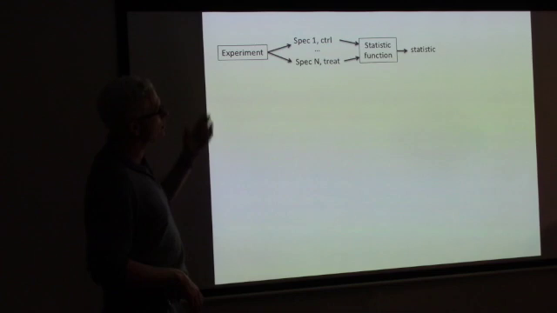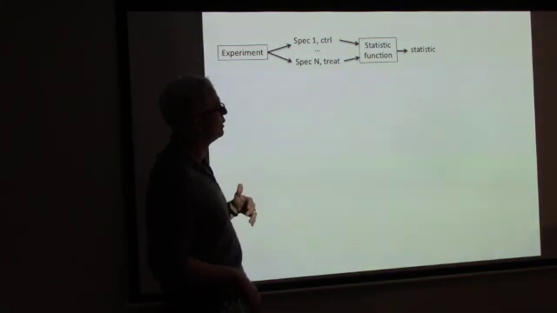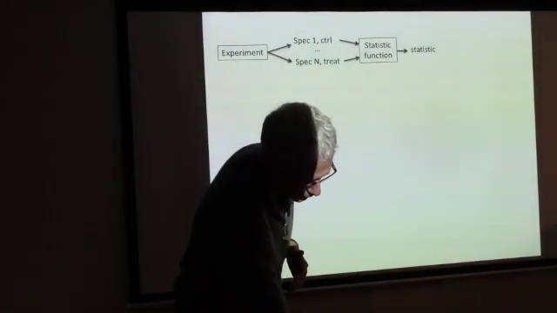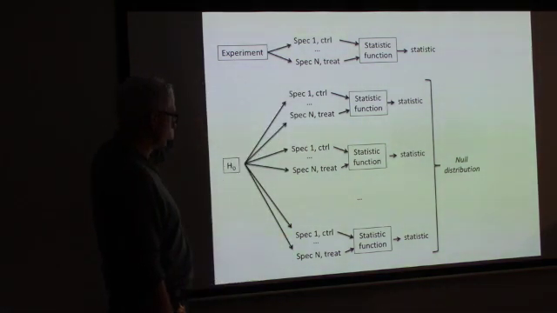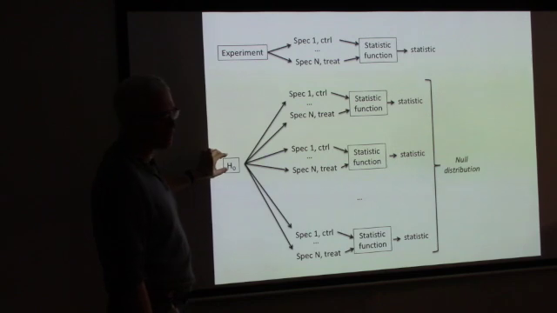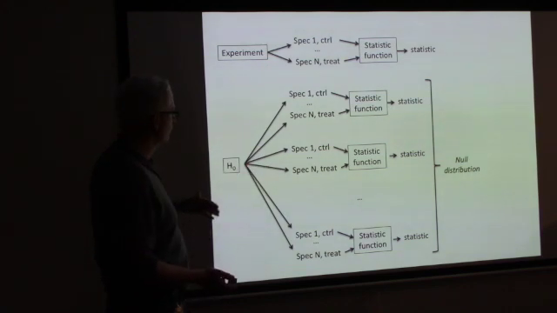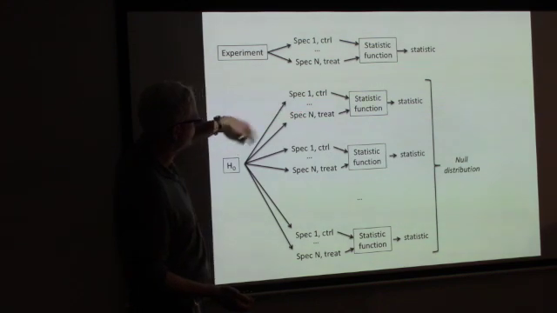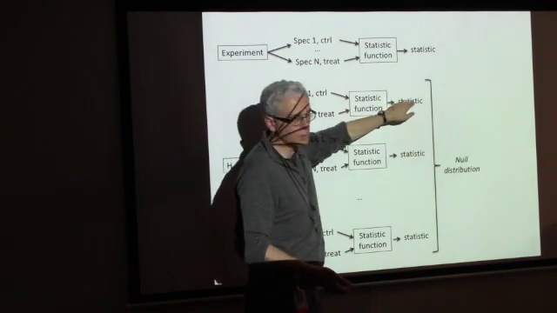All right. So this is like the first step in doing a hypothesis test. There's your real actual data. But what you're going to do now is you're going to say, well, what if the null hypothesis is true? If the null hypothesis is true, in other words, there's no difference between control and treated, if I were to make the same data under that assumption and then run the same statistic function, I'll get some number.